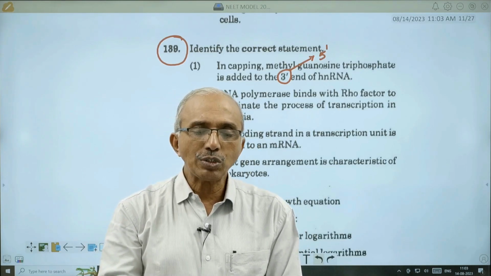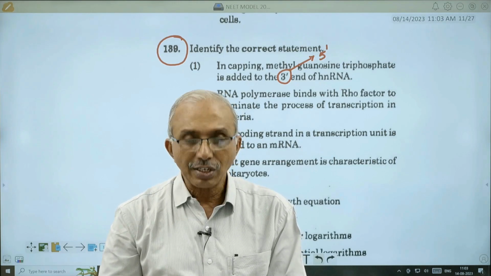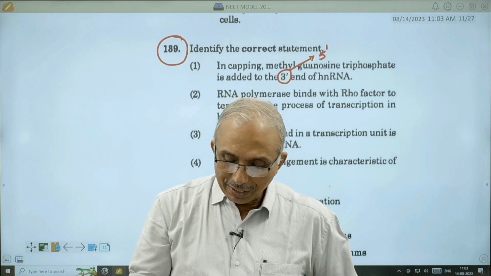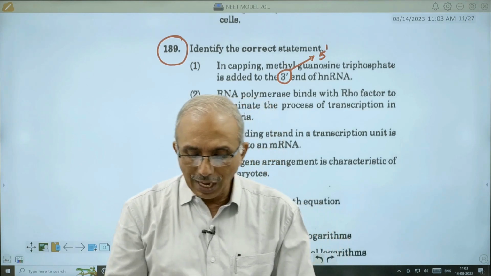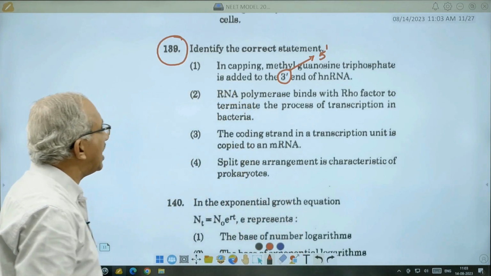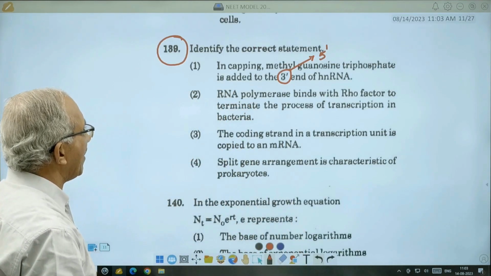One such change is capping, where methyl guanosine triphosphate is added at the 5' end.